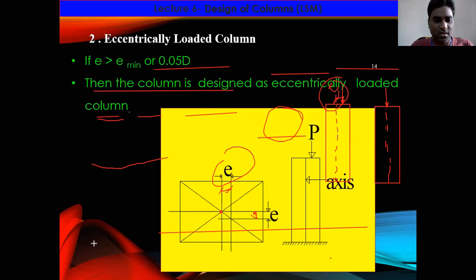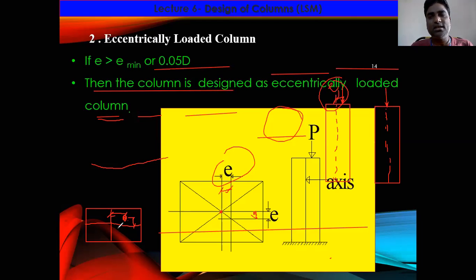This will happen generally. Suppose you have a rectangular or square column, then you have a centroidal axis. And if you see from the top, if the load is acting here, then this load is eccentric with respect to this axis and with respect to this axis. This is called a biaxially loaded column, right? So in this case, you have to take care of the bending moment with respect to this axis as well as with respect to this axis.